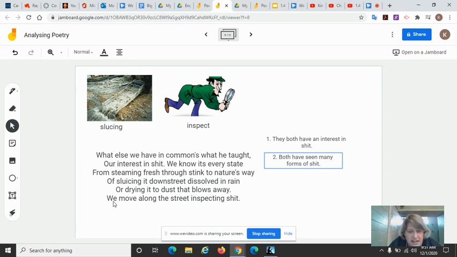Okay, so then this last part. We move along the street inspecting shit. Okay, so we both look at shit.